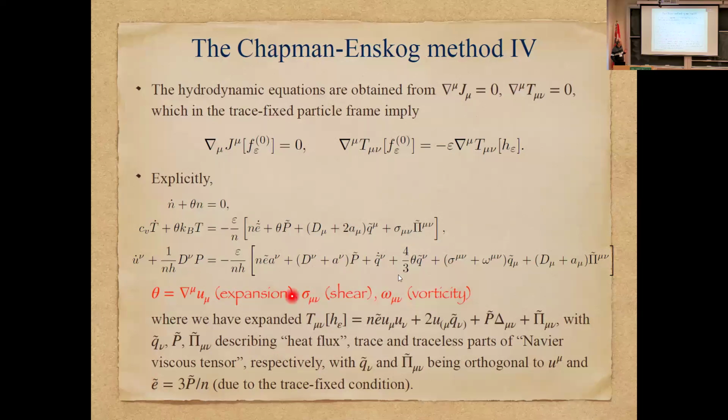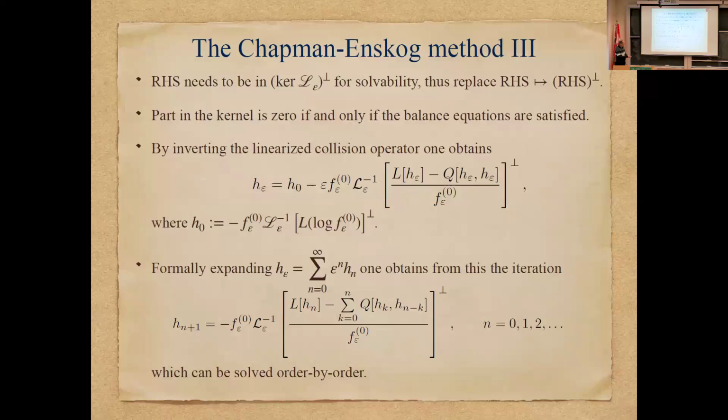Okay, so formally these are the balance, these are the fluid equations that you get. But to do that, of course, you would need to compute H_ε to all the orders. So what we are going to do now in the last part of the course is to truncate this expansion to the first order term in ε.